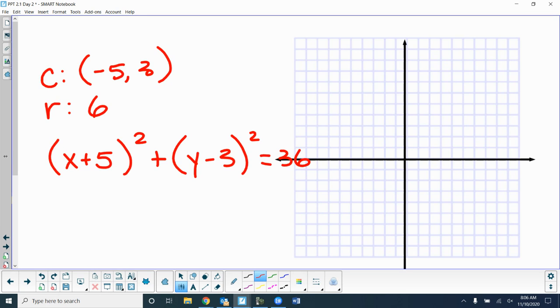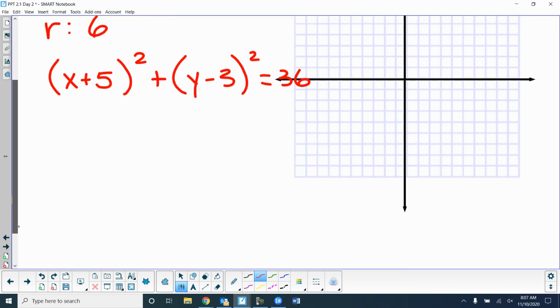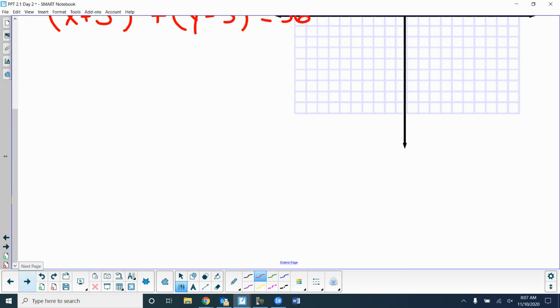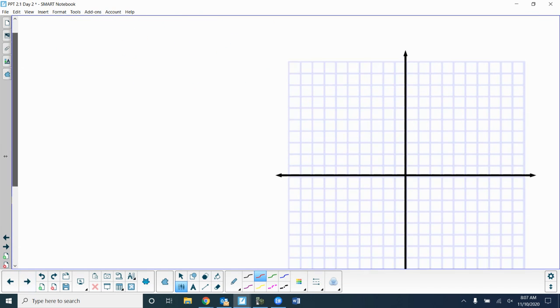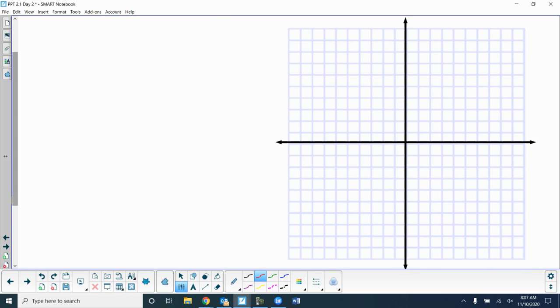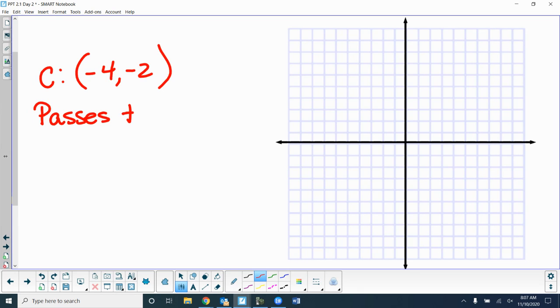Okay, can we go both ways? What if it said this? The center is negative 4, 2, or negative 2, sorry. And the circle passes through negative 1, 2.